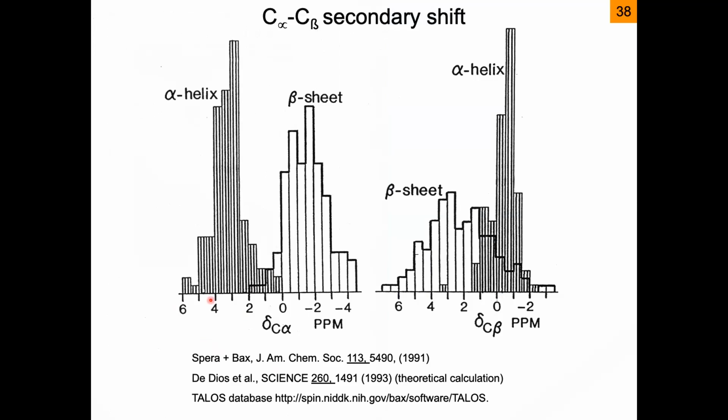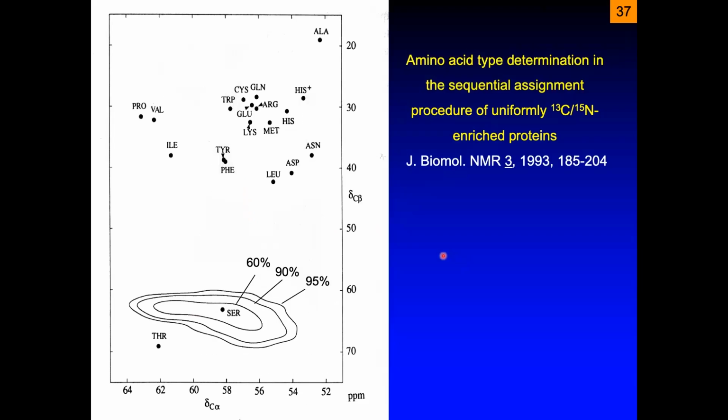And this you see here. So in alpha helices, the carbon alpha shift is downfield, larger ppm, and the beta shift is upfield. And in beta sheets, it's the inverse. So meaning that this part of this distribution is alpha helical and this part is beta sheet.